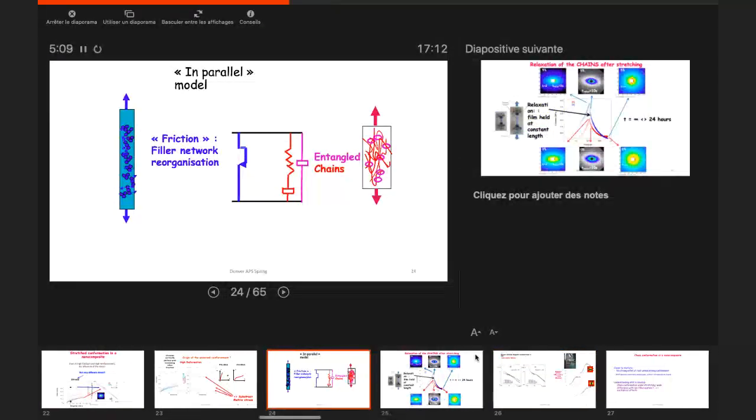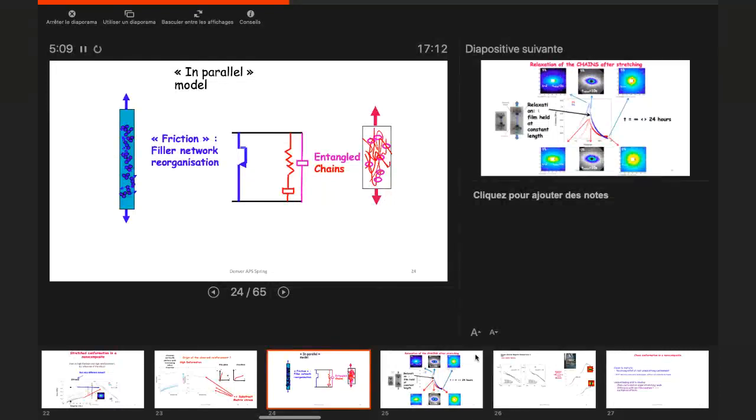So what do you expect if we can somehow change the coefficient of friction of the aggregates? What would you expect on the chain conformation? For example, if you put some magic powder that can reduce the friction between the fillers, and you stretch in the same way.